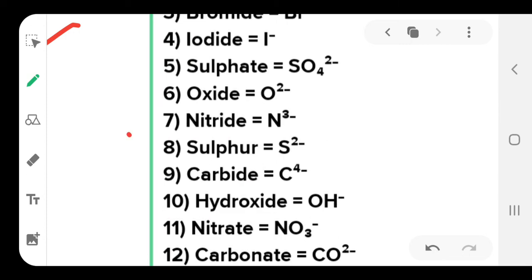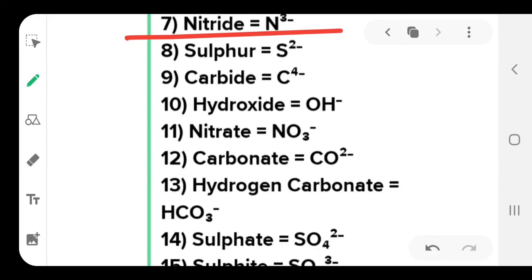Then a new name called nitride. Then sulfide. Then carbide is C4-. Then hydroxide you can see.